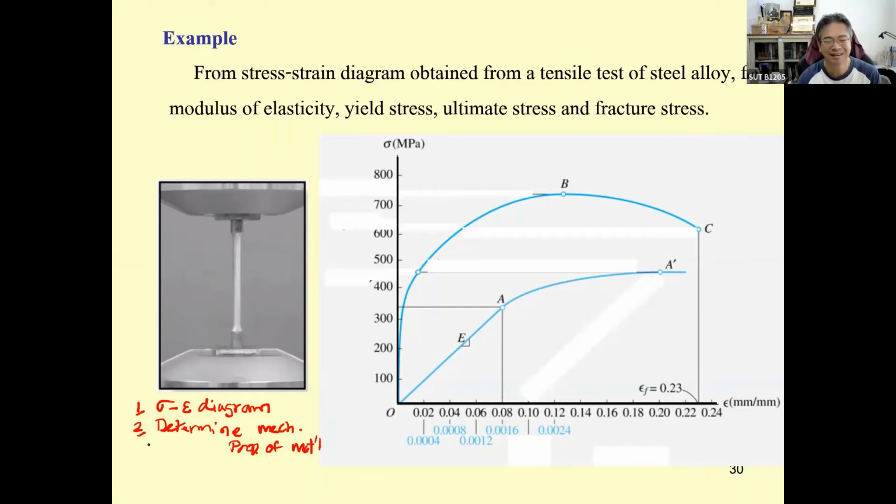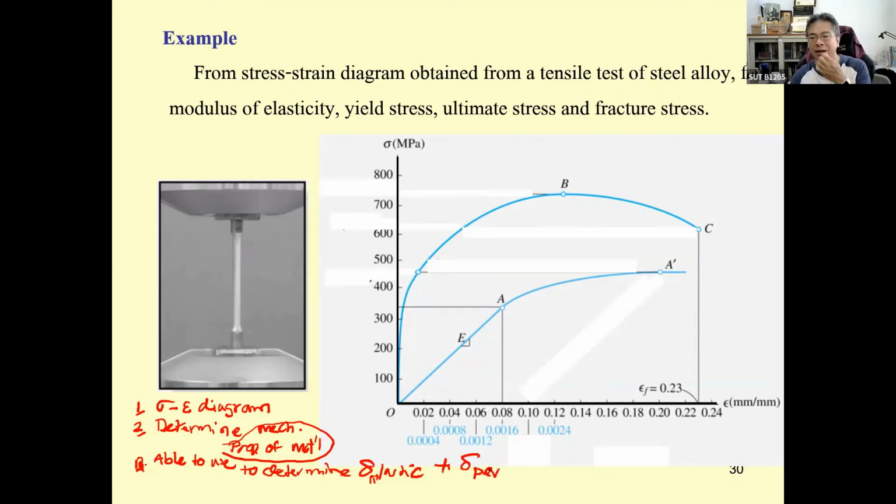Later you will be able to use the mechanical properties to determine the deformation of a simple structure, both elastic deformation and plastic deformation, what we call permanent deformation. So we start this example with the first two.